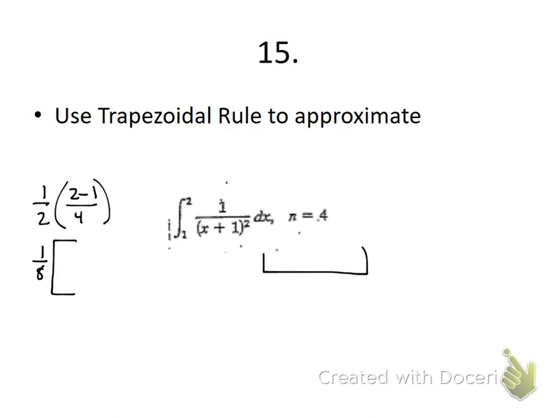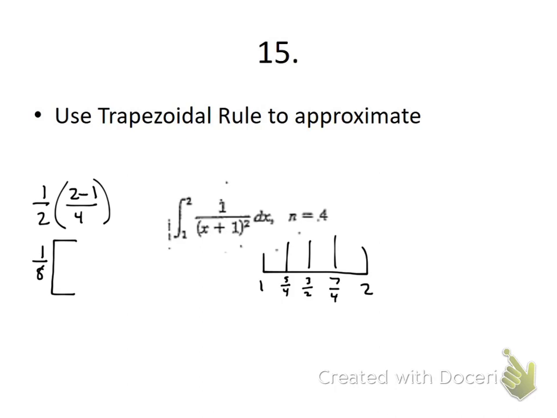Now we're going from 1 to 2, and we're going to have n equals 4. We already said it was 1/4 increments, right? So 1 1/4, which is 5/4, 1 1/2, which is 3/2, 1 3/4, which is 7/4, and then 2.